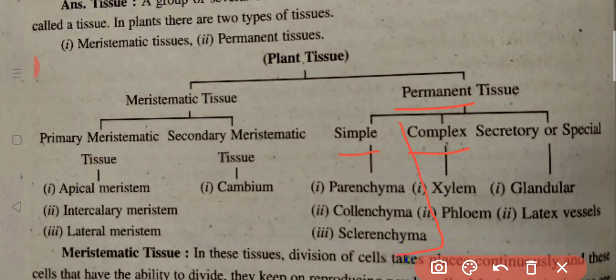Okay, simple permanent tissue. What are simple permanent tissue? Simple permanent tissues are those tissues which are formed of only one type of cells.